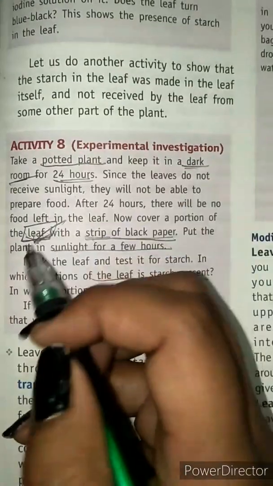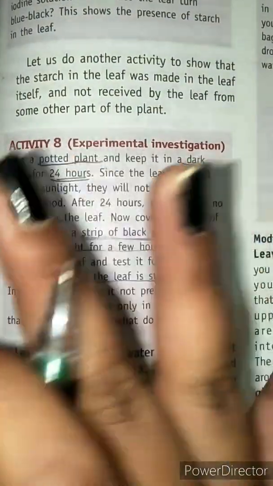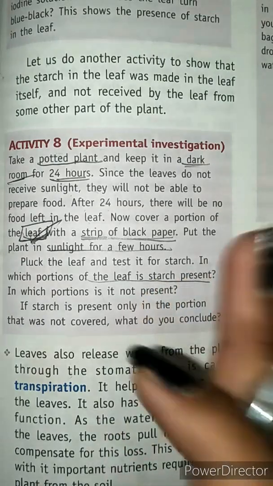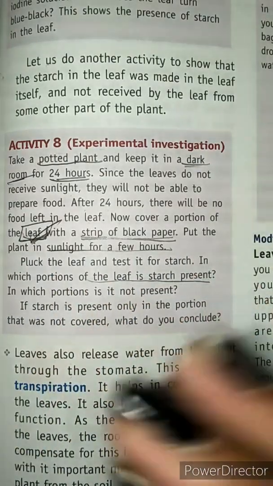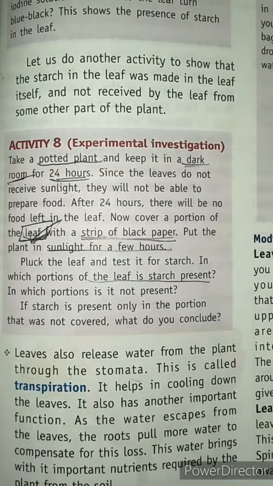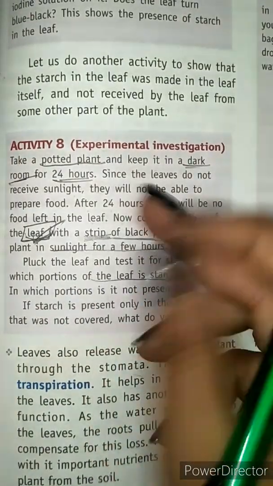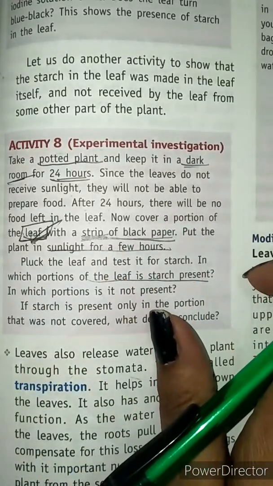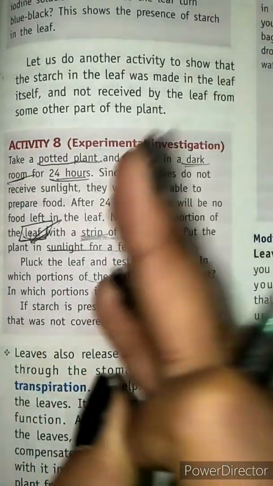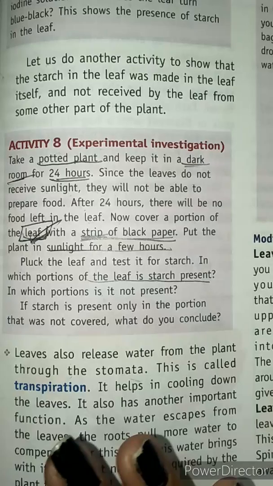Afterwards, only the portion of the leaf that is not covered turns blue or black in color. The area where you put that strip does not change any color. Okay, it remains green. Clear?